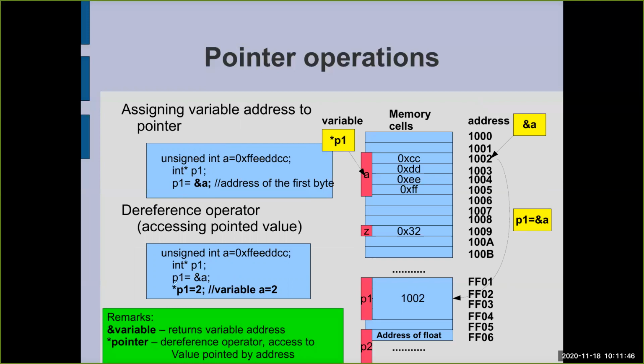If you write asterisk P1 equal to 2, because an integer occupies 4 bytes, the value of 2 for this integer is like this. The most significant byte is 0, the second and third bytes are 0, and the least significant byte is 2. So when you write asterisk P1 equal to 2, it means that we have 0, 0, 0, 2.